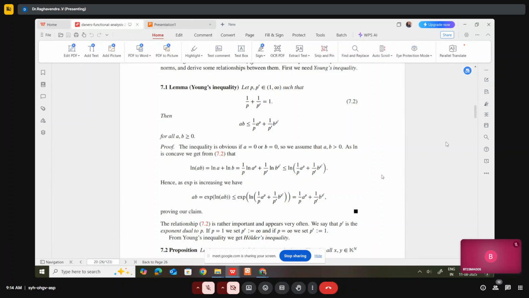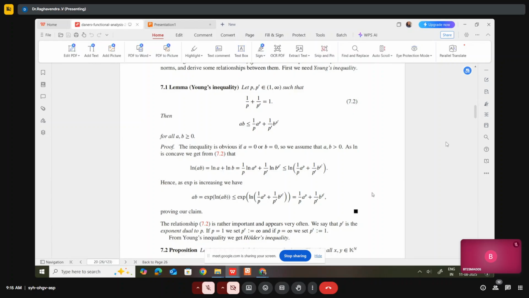As a consequence, on the fourth line, 1 over p log a raised to p plus 1 over p prime log b raised to p prime is less than or equal to the logarithm of 1 over p a raised to p plus 1 over p prime b raised to p prime. This last inequality is a consequence of the fact that log is a concave function. I sent notes to you on that.